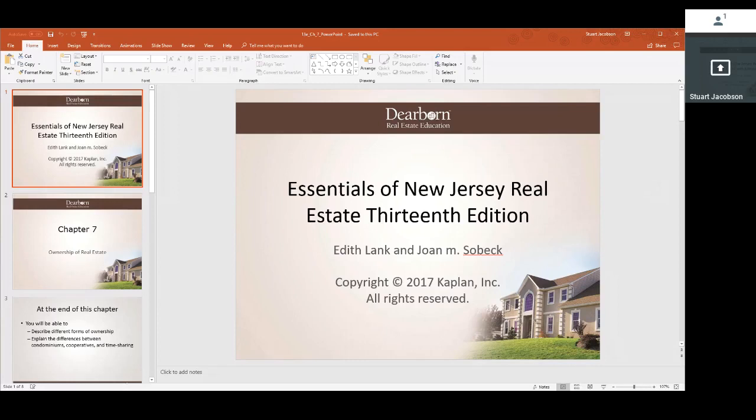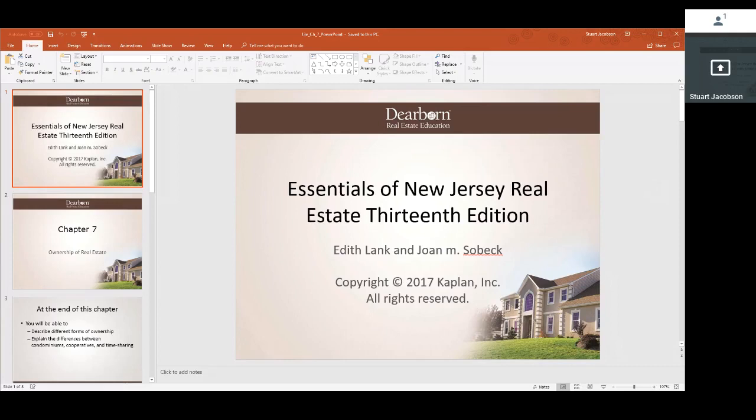Tenancy in common is going to refer to multiple individuals or multiple corporations. This is the last way in which a corporation can own real estate. You'll understand when we get into the benefits of joint tenancy and tenancy by the entirety.